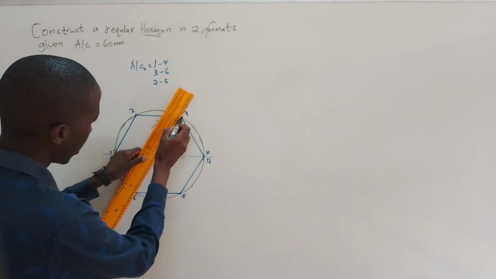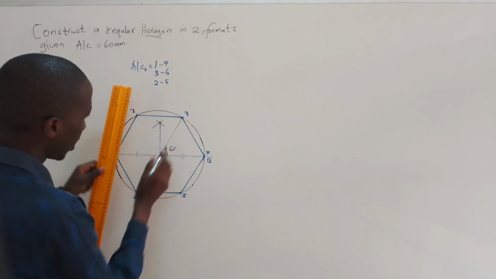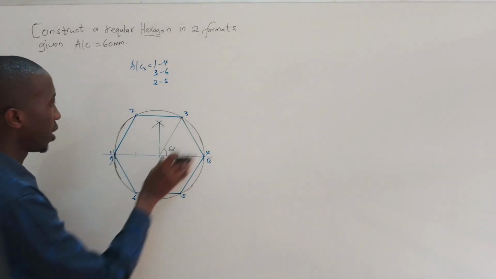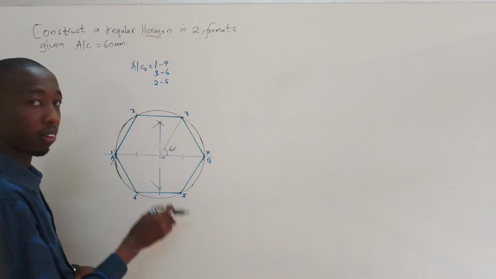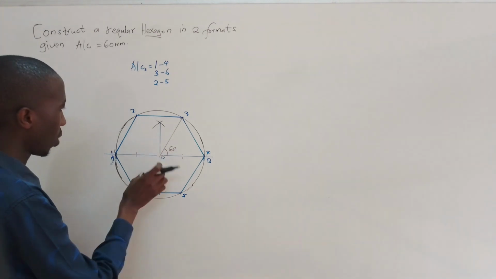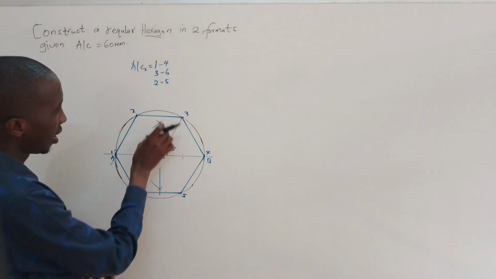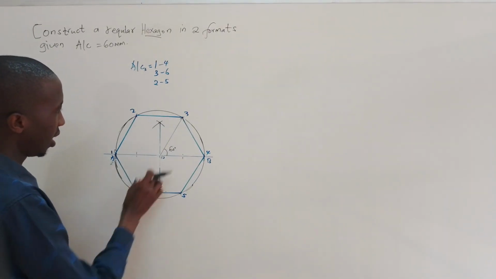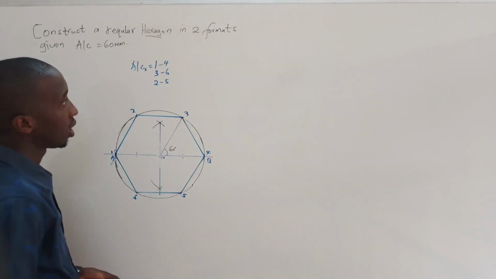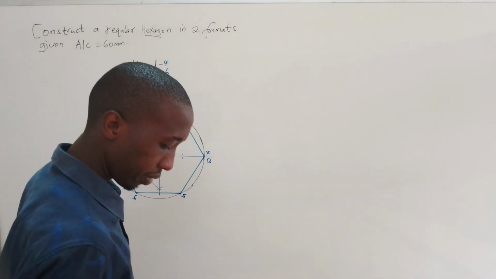In this case, I've used the blue line for an outline, and this one for construction line. You realize the color of this pen is thick, and then this one is thin. So that is format number 1. We will move to second format.